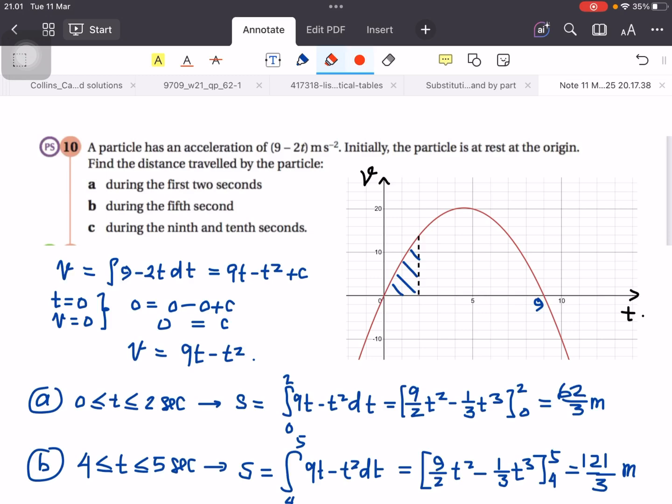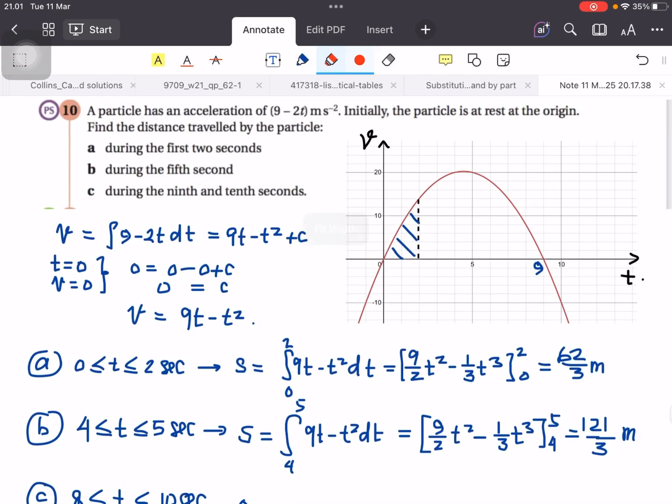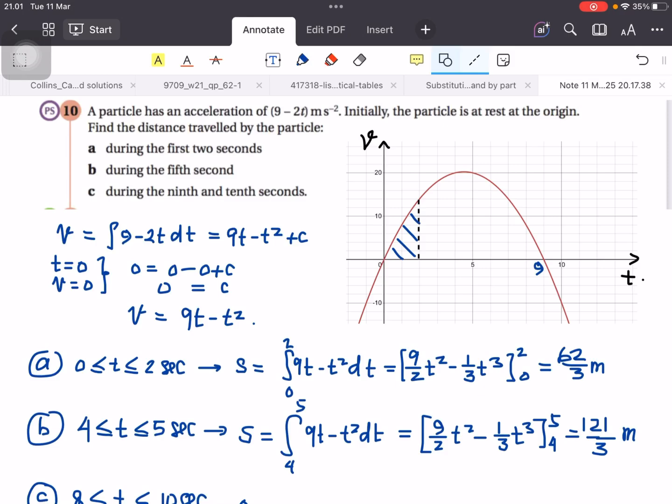And then for part B, the total distance traveled by the particle during the 5th second. The time interval for the 5th second is from t equals 4 until t equals 5.